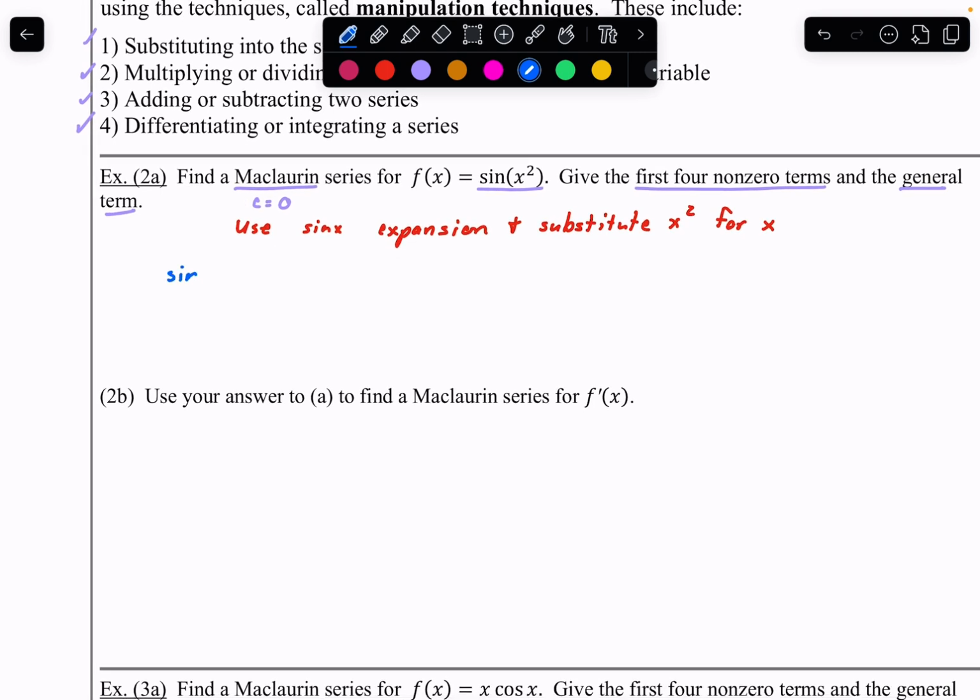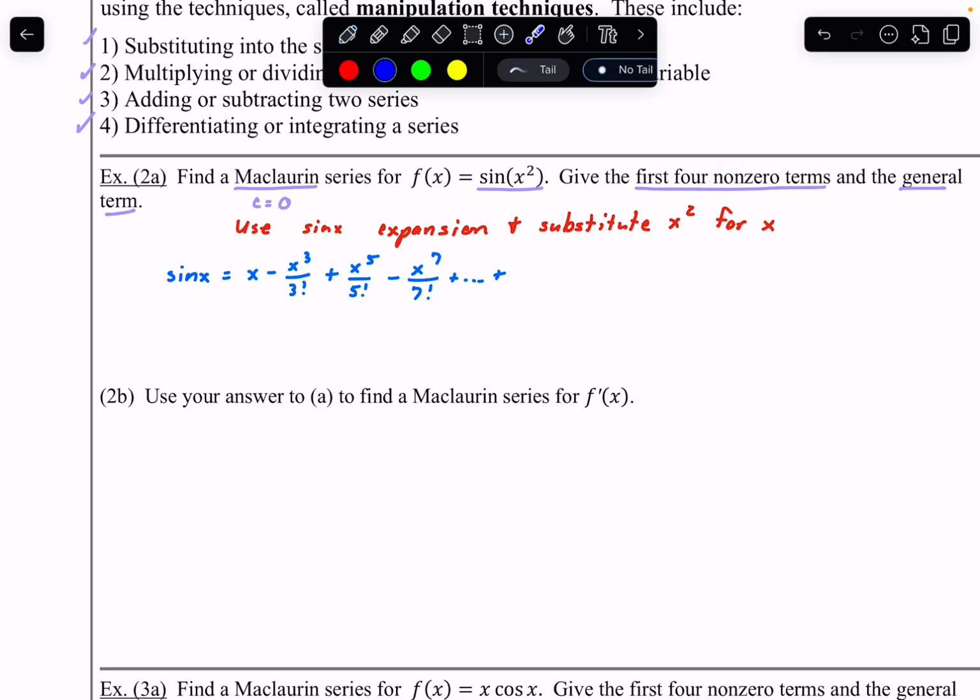So sine of x was odd. So it started with x, and then it alternates in sign. So it's x cubed over 3 factorial, and then x to the 5th over 5 factorial, minus x to the 7th over 7 factorial. I'm going to go ahead and put the general term there as well. Remember, it asked for the first 4 non-zero terms.